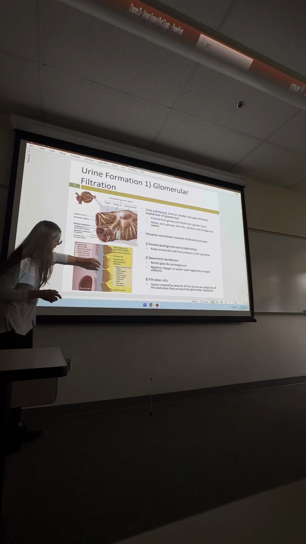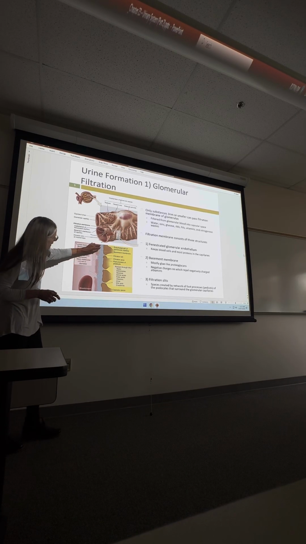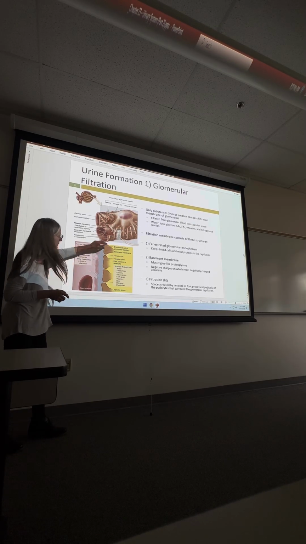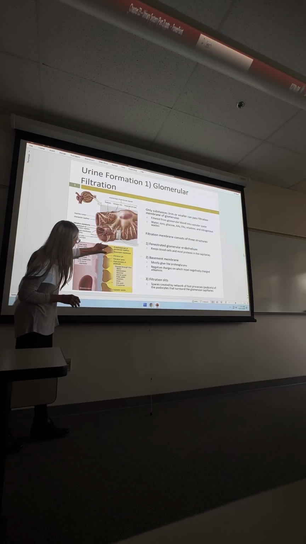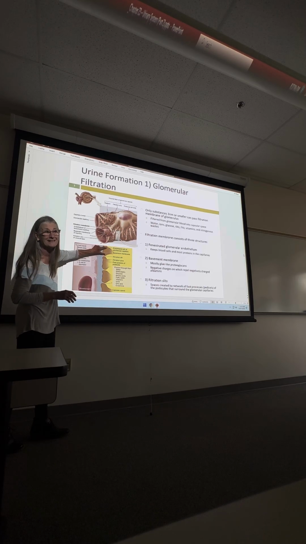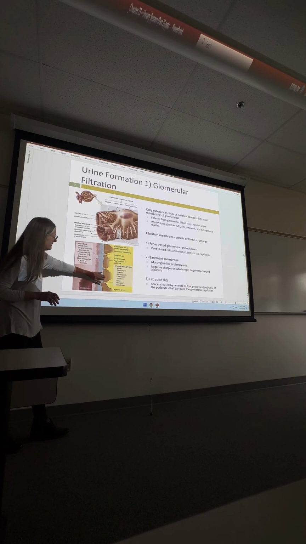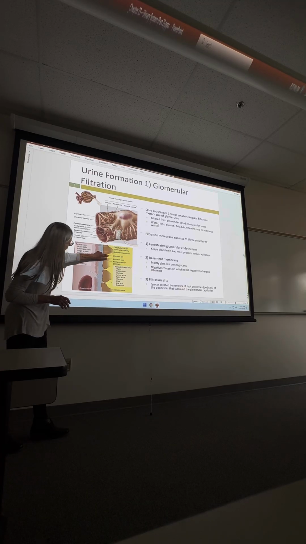So here we're looking at the endothelium and the fenestrated holes of the endothelium. We have a basement membrane here, basically a protein, proteoglycan, a little sugar in there. And then we have the feet, the little pedicels of the podocytes. We have bigger holes of the fenestrated capillaries than we have filtration slits.